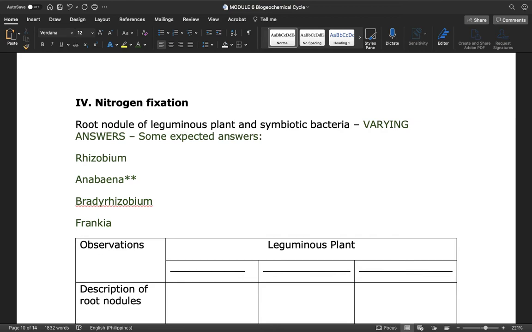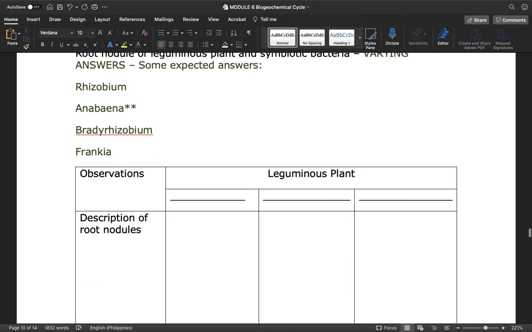Okay, a few examples of bacterial groups known to be symbiotic bacteria capable of nitrogen fixation. We have Rhizobium. We also have Anabaena, though Anabaena is actually a cyanobacteria, 'di ba? So capable siya of symbiotic tsaka free living na nitrogen fixation.